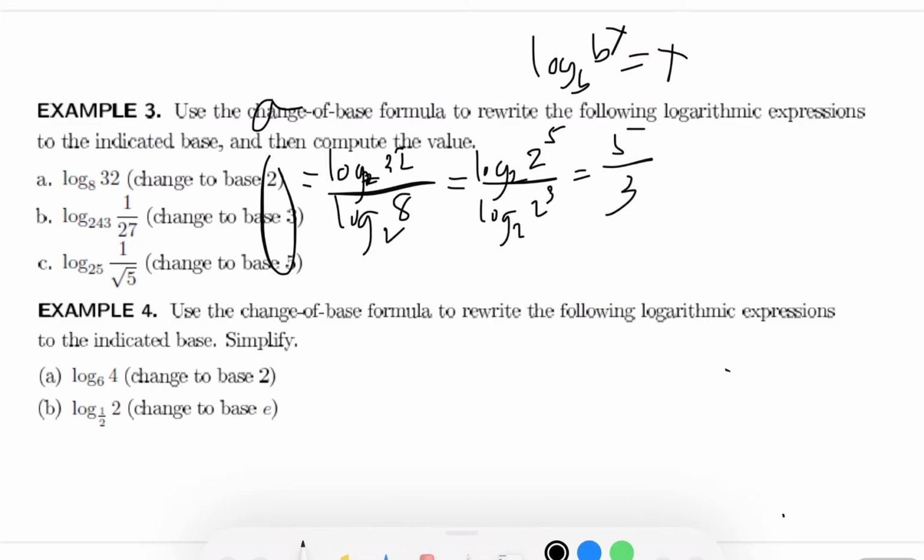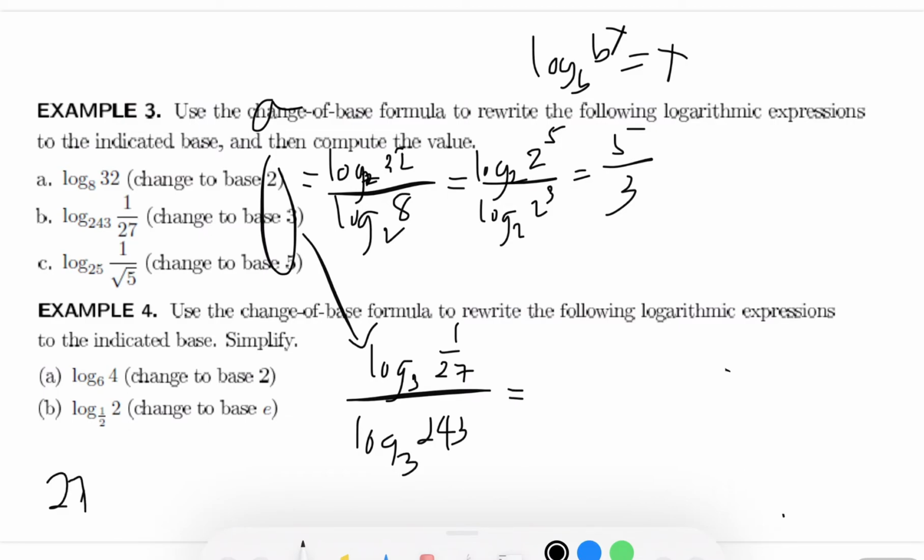Okay, now for this one, you have log of 1 over 27 base 3 divided by log of 243 base 3. 1 over 27 is written as 3 cubed, right?